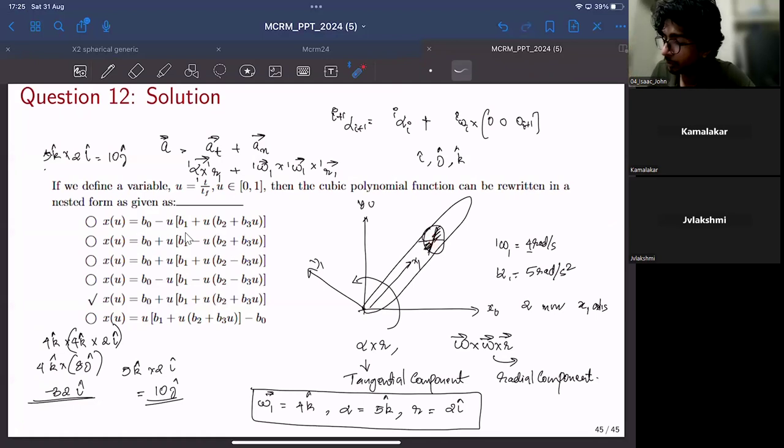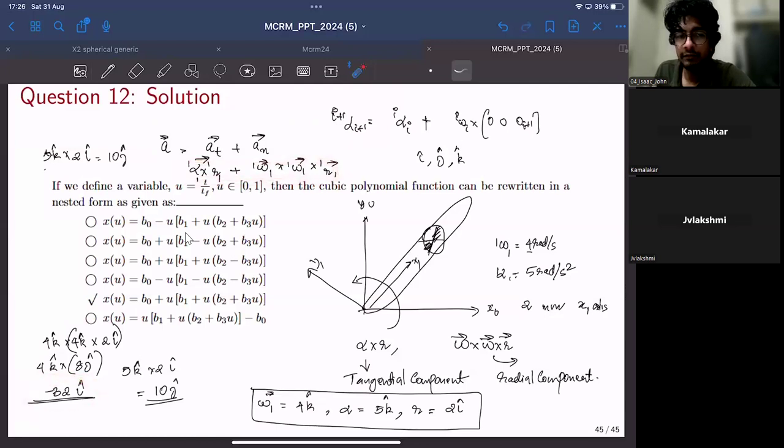If you don't know that, it's always better to proceed vectorially. If you are not familiar with these concepts, if you do this vectorially, vector equations are very important. Their order is actually very important. They are not commutative. So alpha cross r is not equal to r cross alpha. And if you follow this procedure, you will get the correct answer with the correct sign.